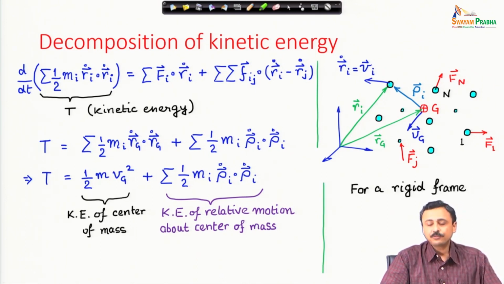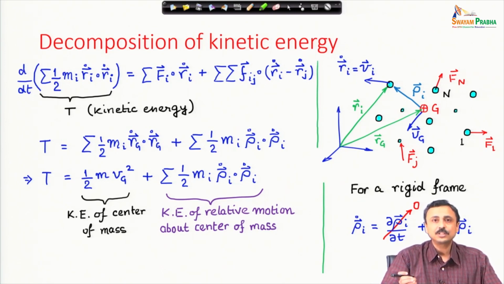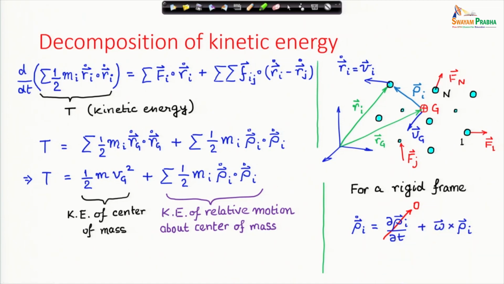What happens for a rigid frame? For a rigid frame, as we have discussed in kinematics, if everything is connected rigidly, all particles are rigidly placed with respect to the center of mass. Therefore, the time derivative of the rho_i vector is equal to omega cross rho_i, because the vector rho_i within the rigid frame is not changing.